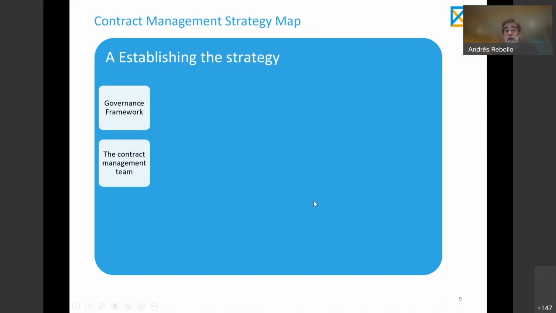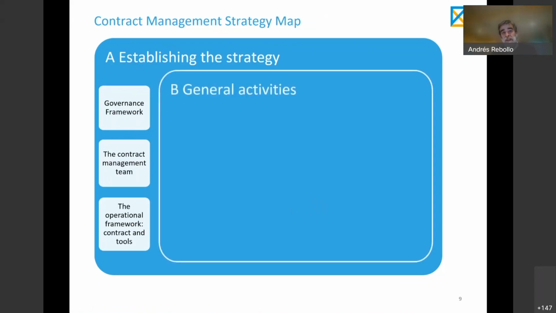We need to design and establish a contract management team, the main resources, and we need to put in place an operational framework. I mean, the fundamental piece is the contract. We will discuss this later, but there are other tools and methodologies that we need to properly manage the contract. That is basically when we deal with establishing the strategy, and we will go to some level of detail in a couple of minutes.